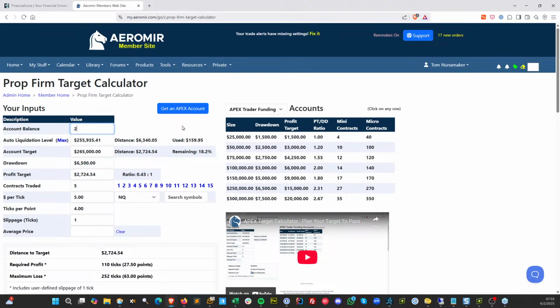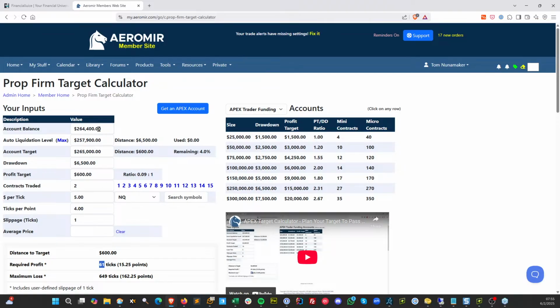But this helps as you're getting close. Like say we're at 264, 400. And if you click on the max, it sets your drawdown to the maximum. So in this case, I would have $600. So if I had 2 contracts, I would need 15.25 points or 61 ticks. So I can set on my ATM 61 ticks as a profit target with a 2 lot, and then it should pass this thing.